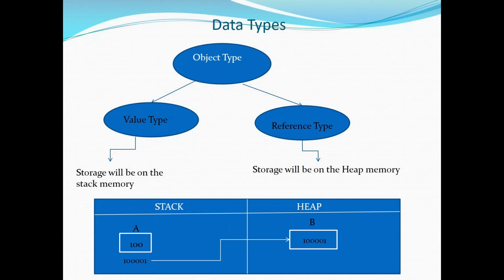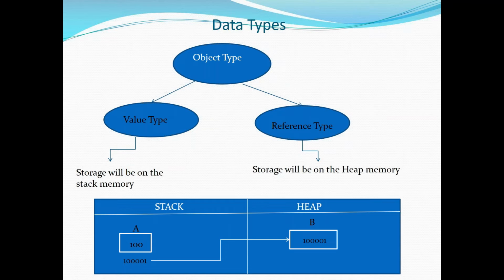If you go through heap, it will speed up your search process, because you just need to pick up the address of the location. Once you identify the location, it becomes very fast. You can directly go to that location and pick up your data. So that is the difference between stack memory and heap memory.